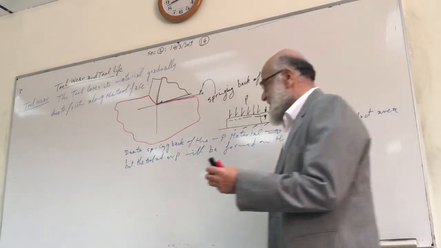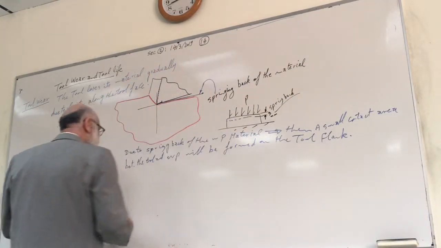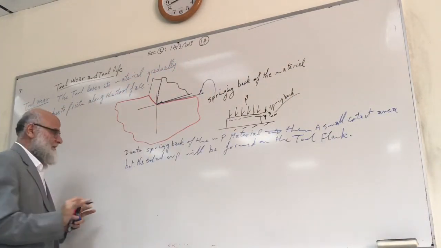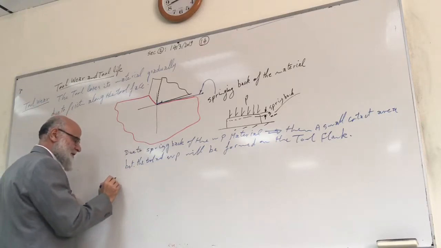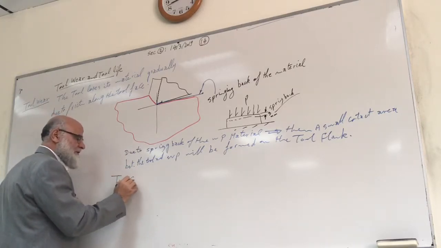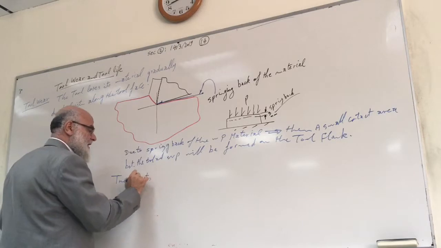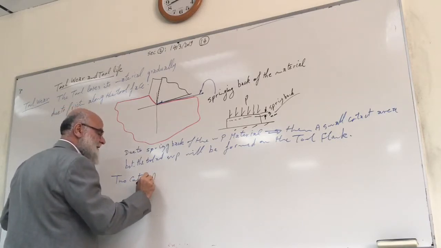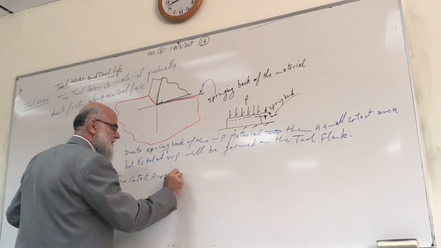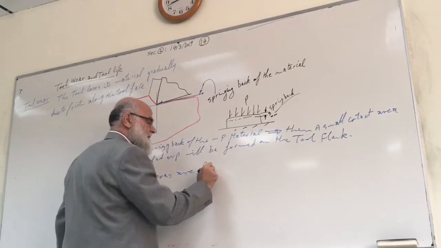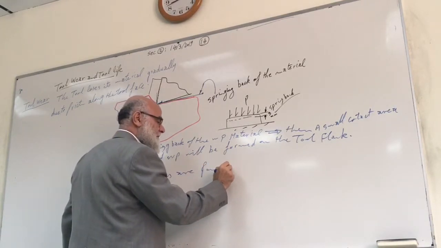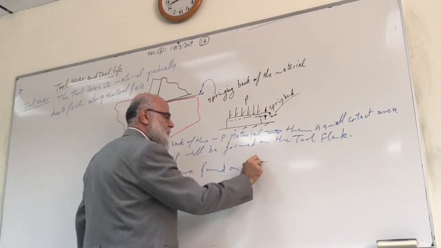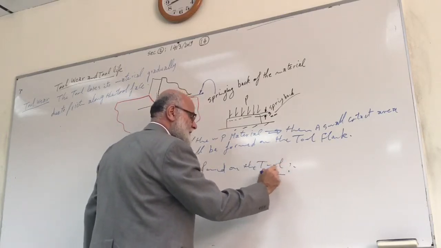We have two contact areas. Two contact areas are found on the tool. What are they?